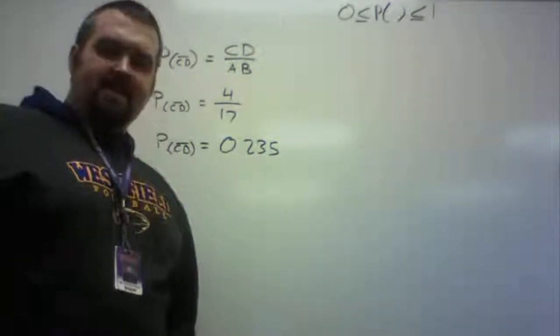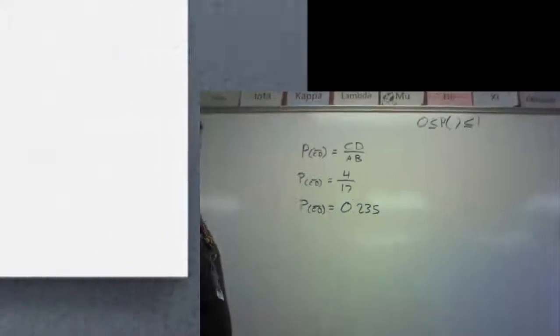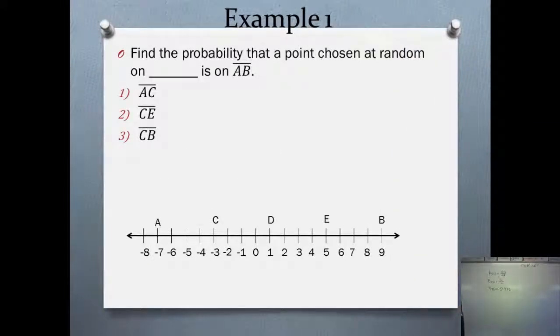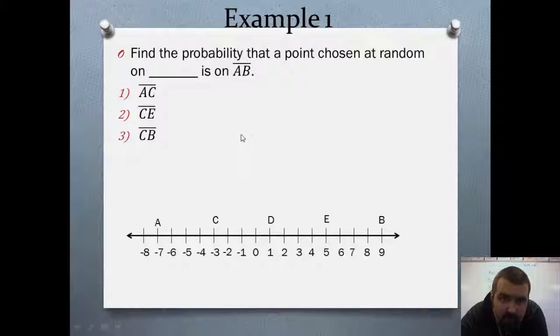So, here's example 1. If I was going to ask you, find the probability that a point chosen at random is on, and I give you 3 options. I messed that up. It's supposed to read, find the probability that a point chosen at random on segment AB is on blank. So this segment AB and this blank is supposed to be switched around. So what's the probability if I choose a point at random on segment AB that it's on each of these 3 segments?